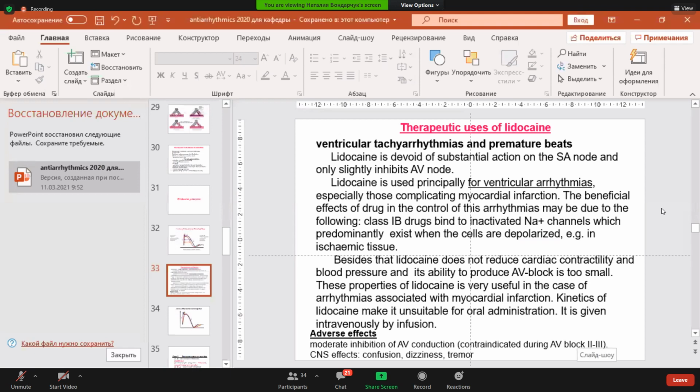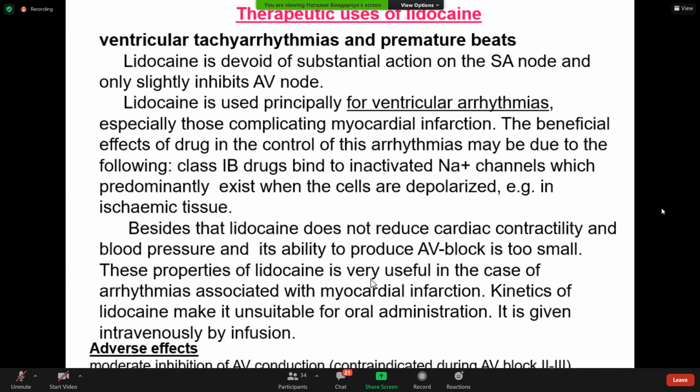So therapeutic uses of lidocaine. The beneficial effects of lidocaine in the treatment of ventricular arrhythmias as the complication of myocardial infarction are that lidocaine does not reduce cardiac contractility, and also lidocaine does not reduce blood pressure, because in myocardial infarction blood pressure is already decreased.